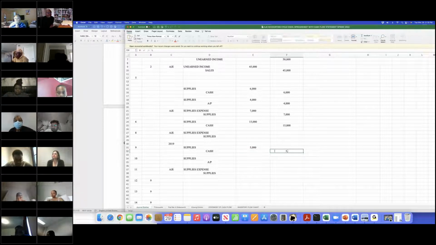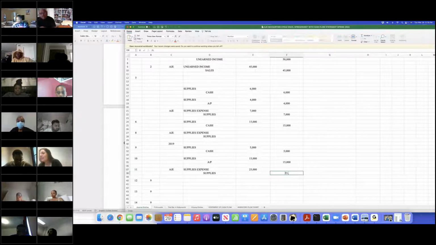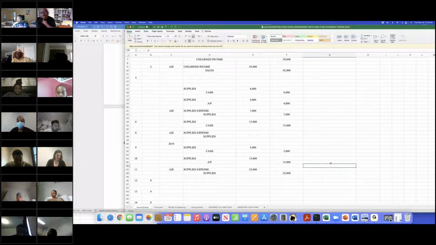What about for the second one? 15,000 debit, 15,000 credit. And what's going to be in the third one? 25,000 in debit and 25,000 in credit. So with those assumptions, that's how that next year would look. Are there any questions?